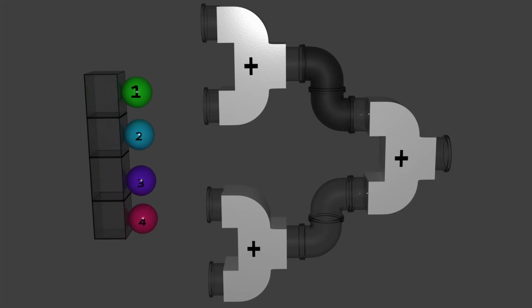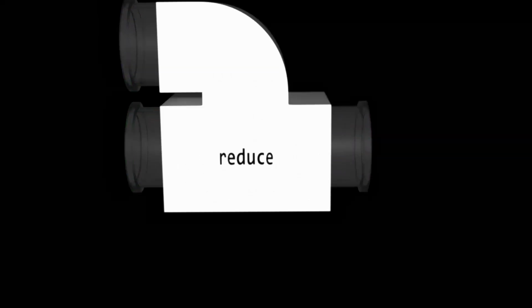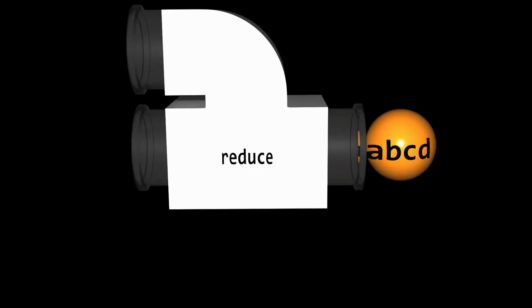Reduce applies the operator pairwise to every item in the list until there's only one item left. For example, if you have reduce with plus as the operator and a list of numbers, it will return the sum of that list. This doesn't just work for numbers. If the operator is the string concatenator and you have a list of strings, then the reduce function will concatenate them all into a single string.